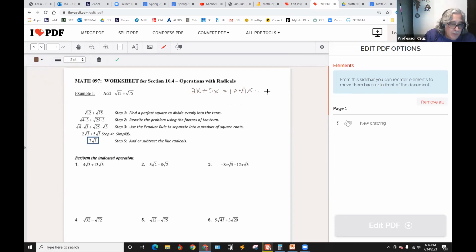It doesn't always have to be positive. They can be positive, negative, both negative. All right. Well, with these radicals, pretty much the same thing can happen as far as adding them and subtracting them, because if they're alike, in other words, same root, same value inside of the root as well, then we can add and subtract them.